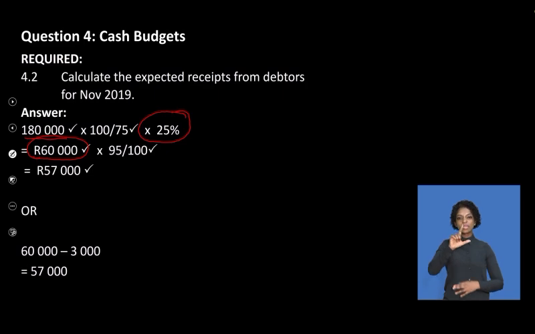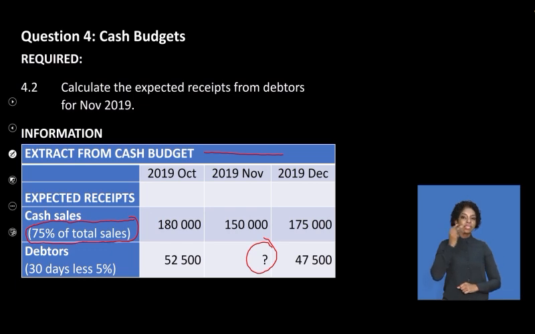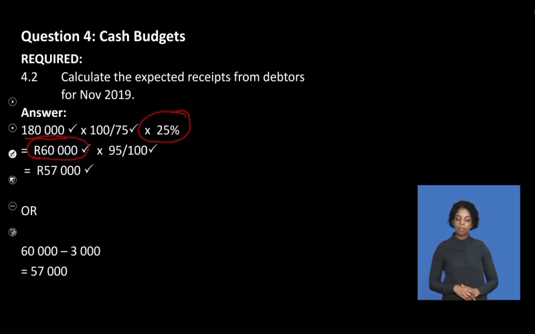Okay, once you've identified your credit sales, you are told in your information that debtors pay you less 5%. That means they are entitled to a 5% discount. Therefore, in your calculation, the easier method, grade 12s, is to just take the amount of your credit sales first.